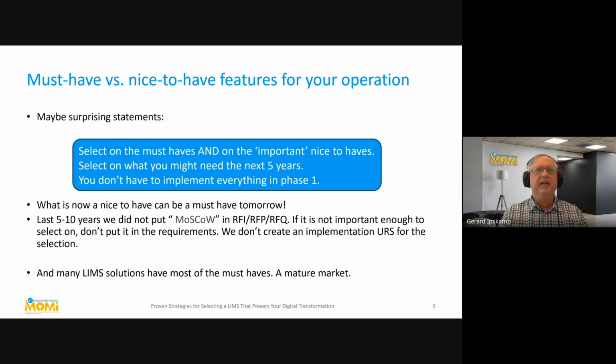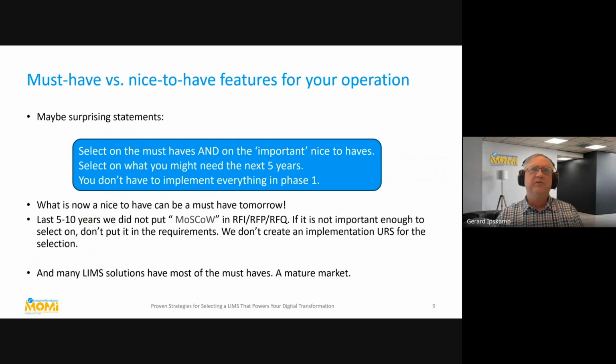I often say, when I talk to companies and to laboratory management, you need to select on the 120% that you need now. So you have to think upfront, because if you buy now something which only does what you are doing now, then you have in 5 years maybe a problem. So think ahead and try to imagine what you might need in 5 years.